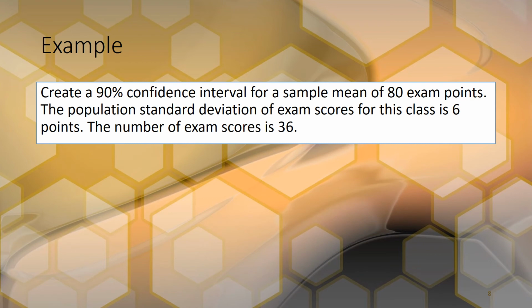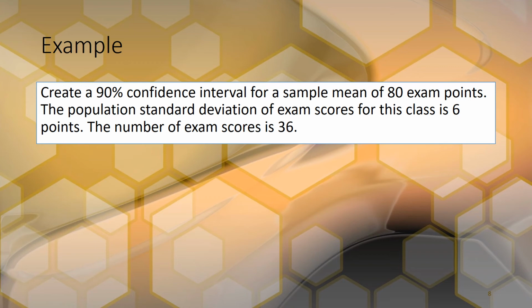Now let's go over an example of how to use the formula to create a confidence interval. It says create a 90% confidence interval for a sample mean of 80 exam points. The population standard deviation of exam scores for this class that you got the 80 average in is 6.